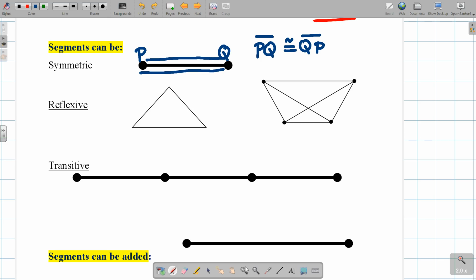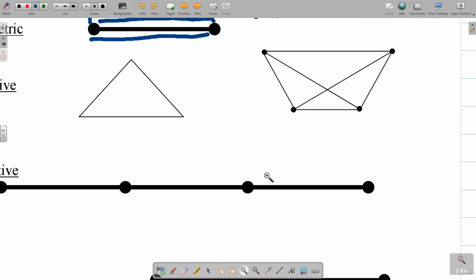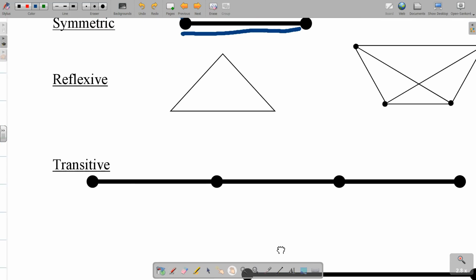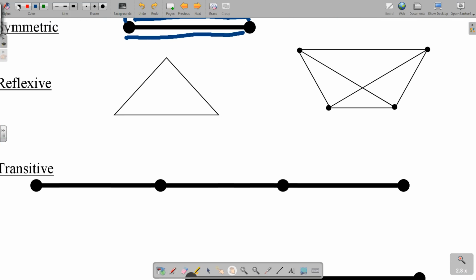Now the next one looks even stranger. Go ahead and label this triangle ABC. Label the midpoint there Q. Draw down the segment BQ.